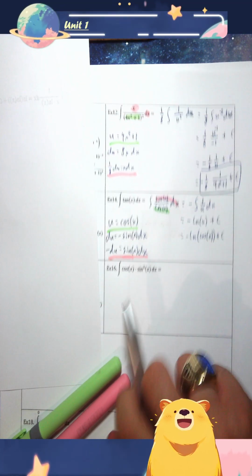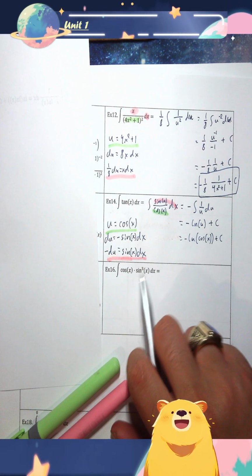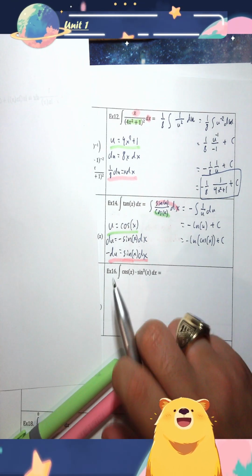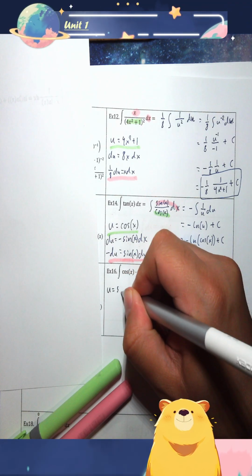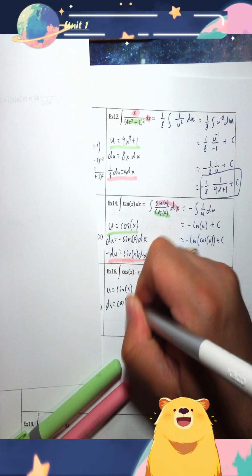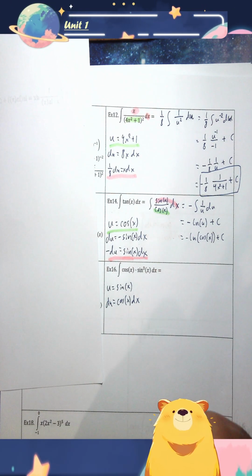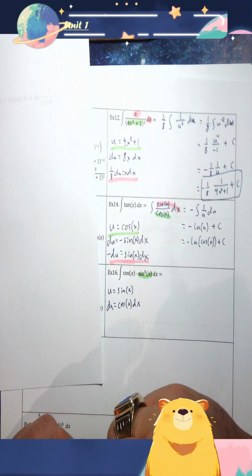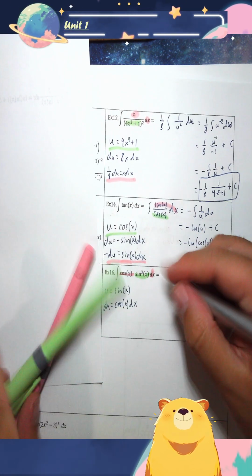Similarly, you see that although sine is to the power of 3, its derivative is not here. You do see that sine's derivative by itself is there. So sine, if we take it to be u, du would be cosine of x dx. And for this one, we don't even really need to manipulate it much because we can just see that cosine and dx are there plainly.